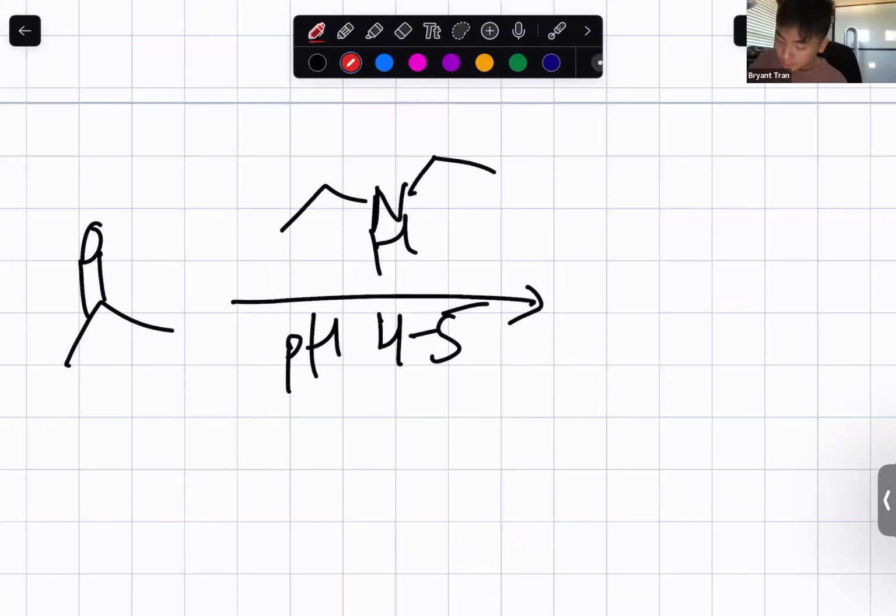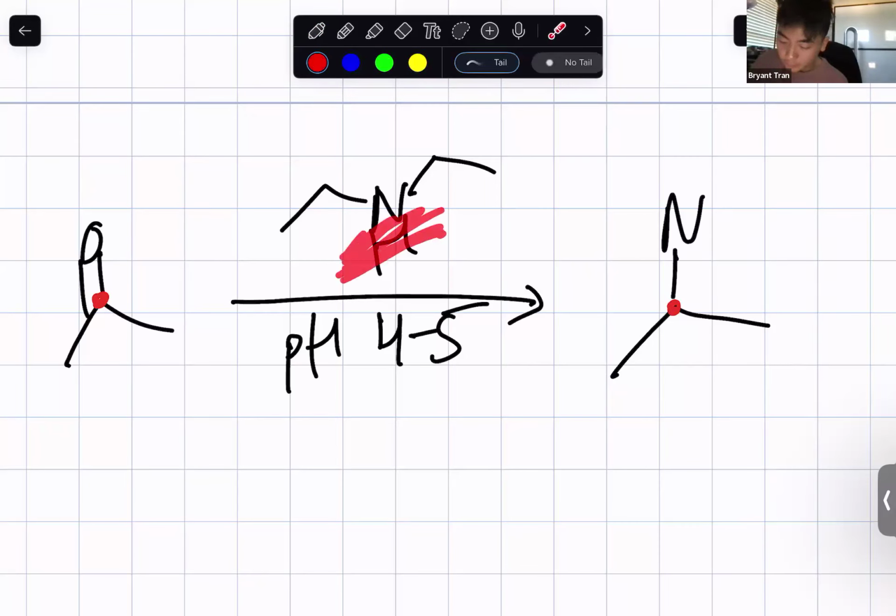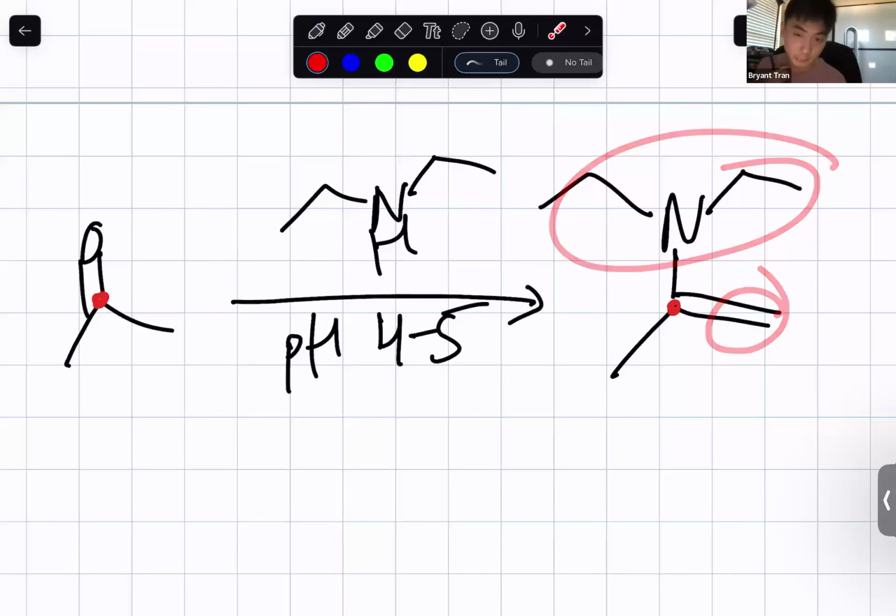This carbonyl carbon here in red is going to be the enamine carbon attached to this nitrogen here. The proton would no longer be there, attached to its two R groups, one, two. And we put a double bond right there next to the amine. So that would be the product right there, our enamine.